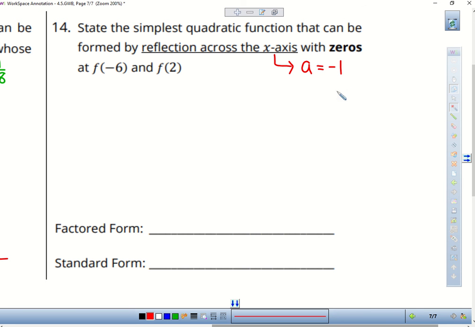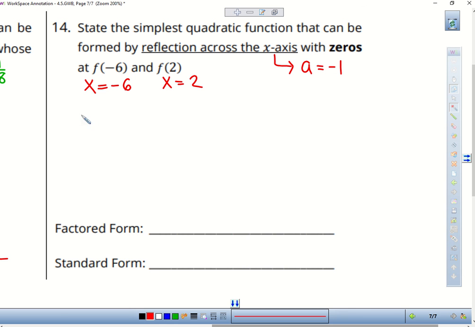So if it said a reflection and a vertical stretch of 2, you do -2, okay? So reflection just means it's negative, and then whatever other application they asked about. But they don't have anything else here. They're telling us our x is -6 and 2.